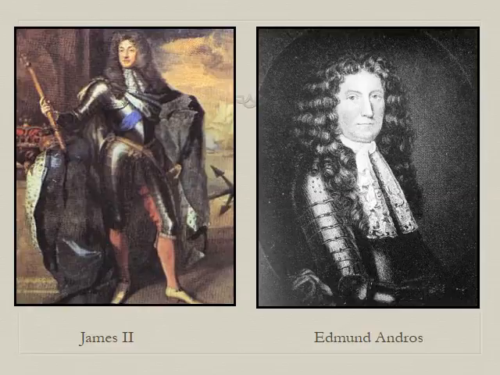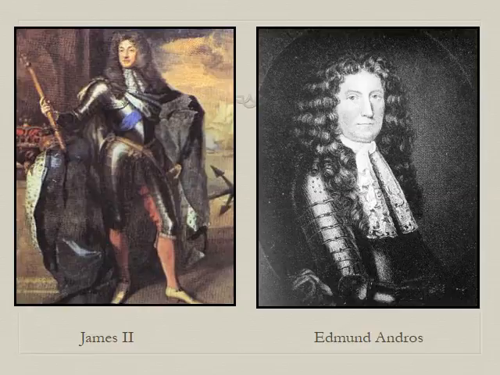When Andros came over to New England in 1686, the colonials were really unhappy because he was the representative of the king, so whatever he said was law. Going against Andros was an act of rebellion. He was stationed in Boston, and Andros and his lieutenants, they levied taxes without the consent of the general court. They even jailed and fined residents that protested the taxation.